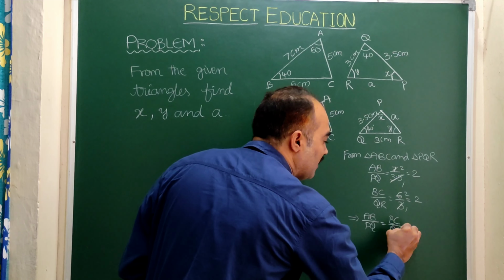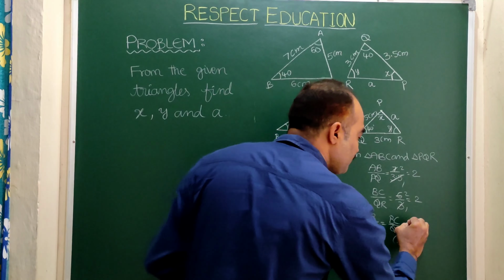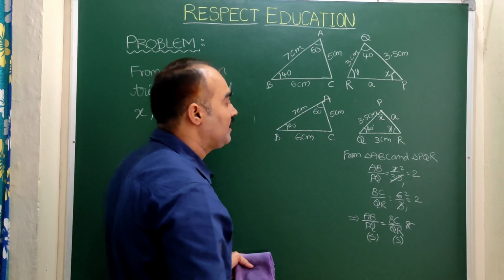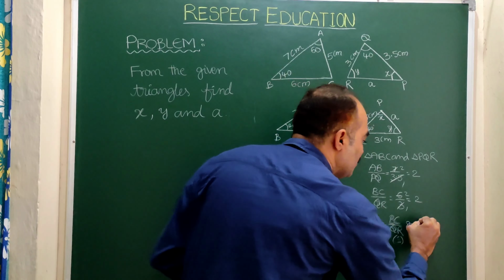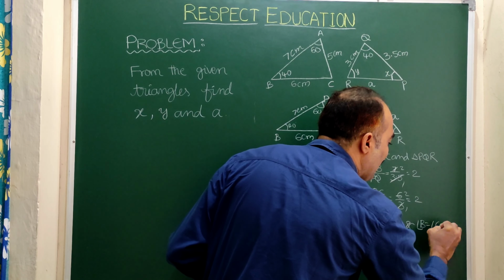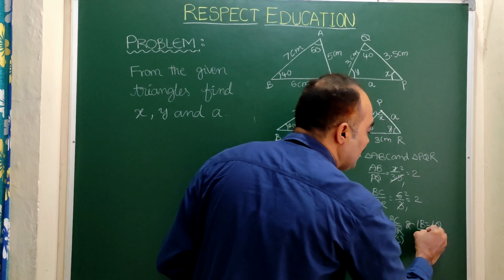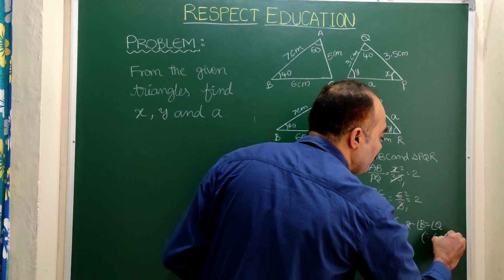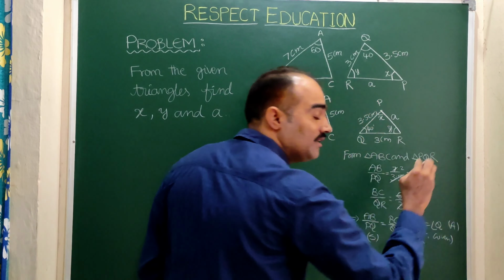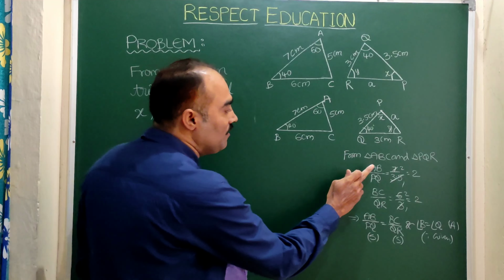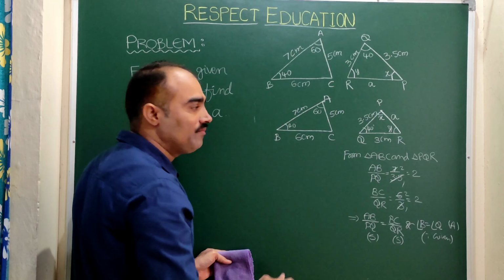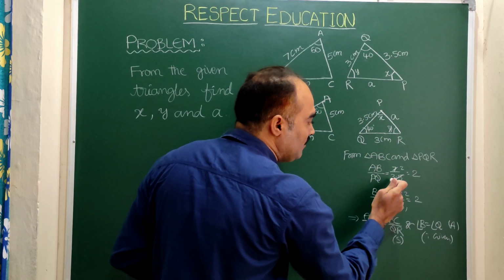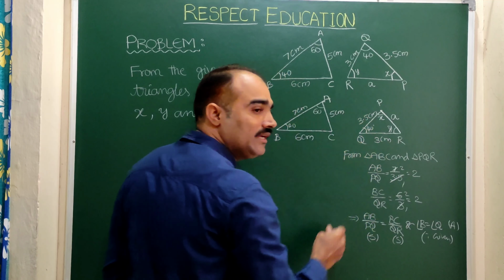These two sides are proportional, and angle B is 40, angle Q is 40, so angle B is equal to angle Q. These are all the conditions we got here. For 7 and 6 this is the included angle, and for 3.5 and 3 this is also the included angle.